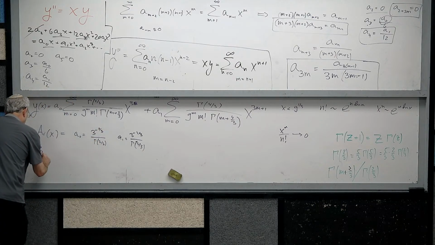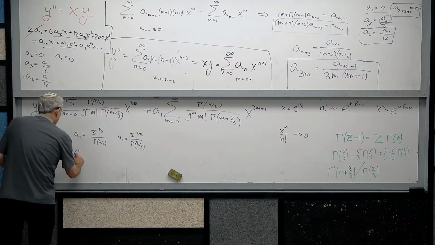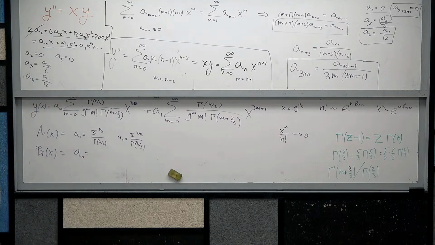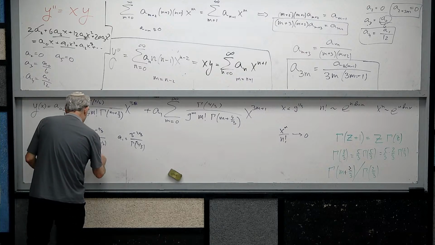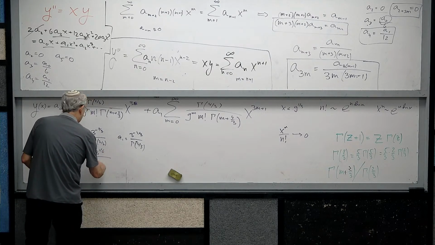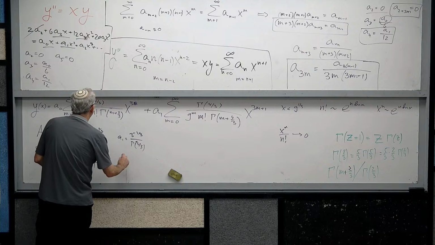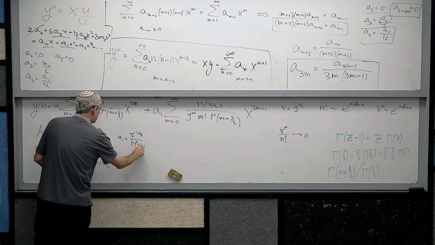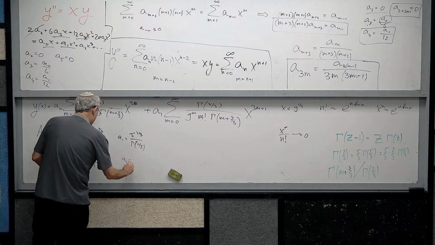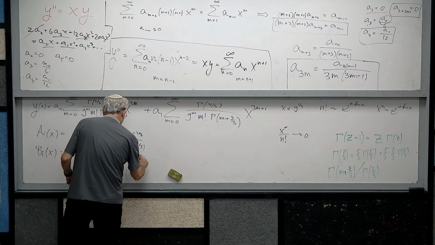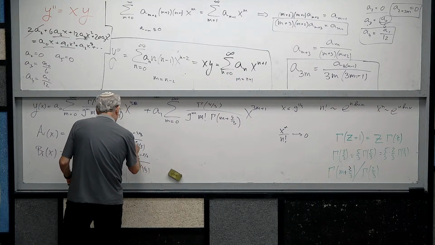And the Bailey function is this with a0 equal to 3 to the minus 1/6 divided by gamma of 2/3, and a1 is 3 to the minus 5/6 divided by gamma of 4/3.